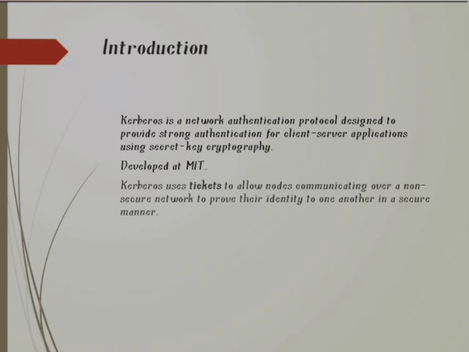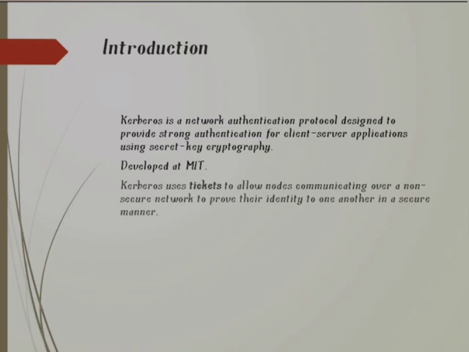Kerberos is a network authentication protocol developed at MIT, and it's named after a mythological three-headed dog called Cerberus, which guarded the gates of the underworld. This name is symbolic because Kerberos uses three main components to guard and secure the communication between users and services.